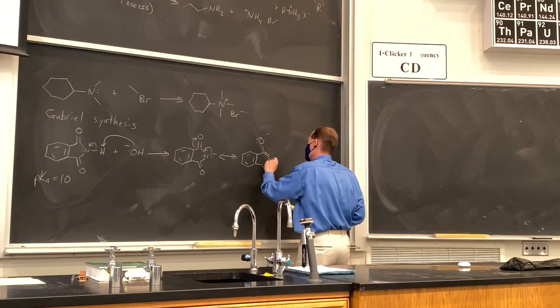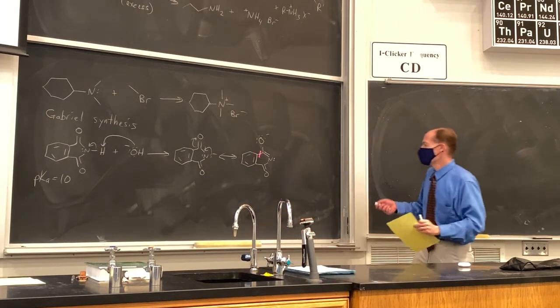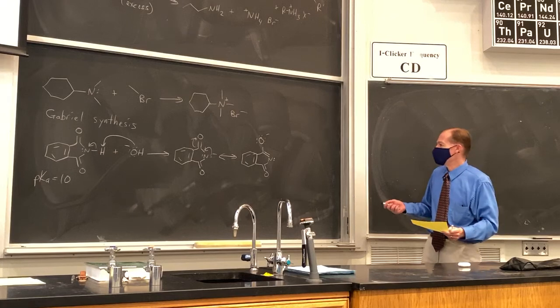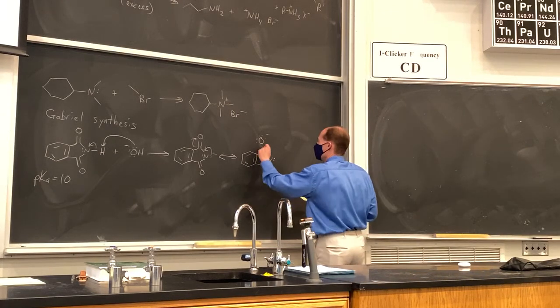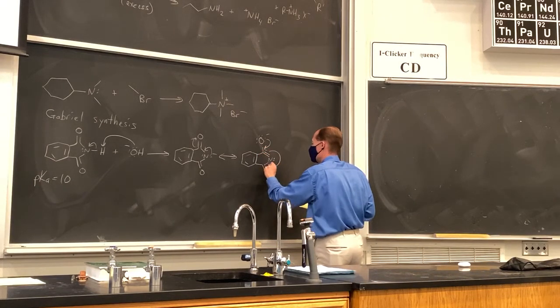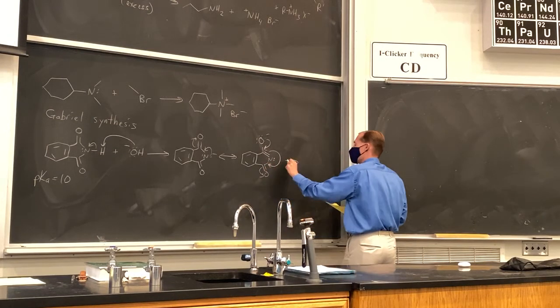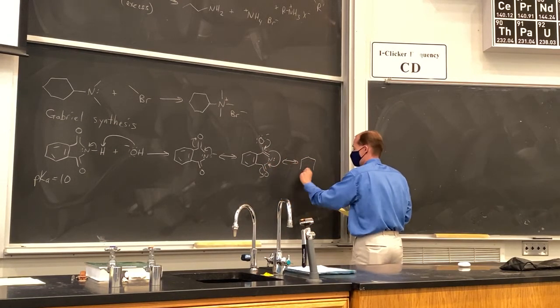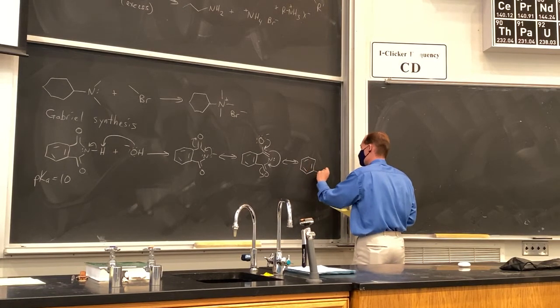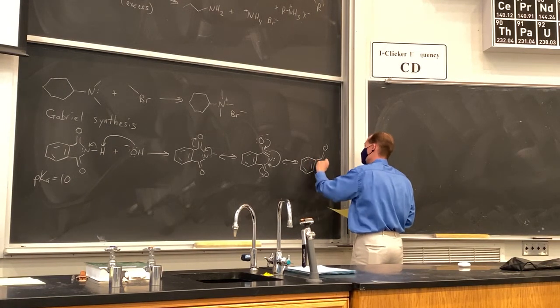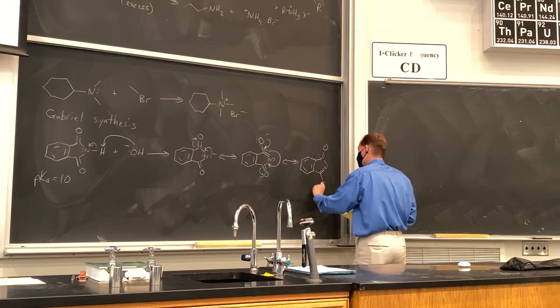Okay. So here's one major contributor of that conjugate base. And then we can draw the other major contributor by using these curved arrows. And as I'm drawing these resonance structures, another thing you'll notice is that they are conjugated.